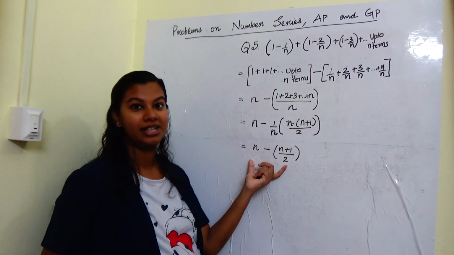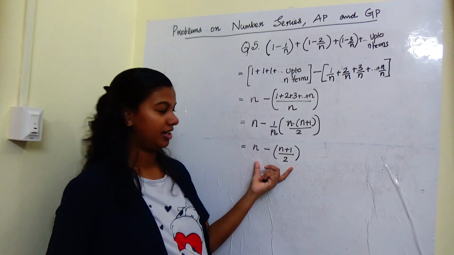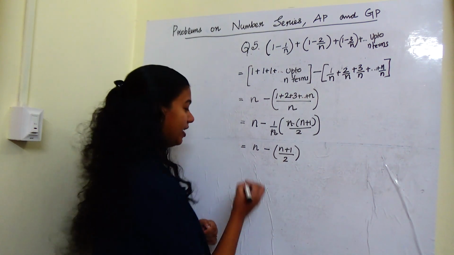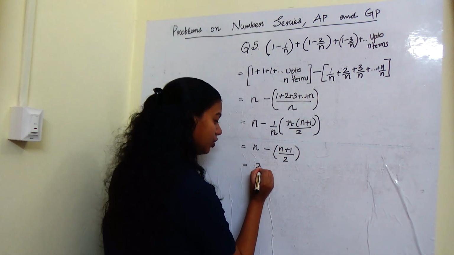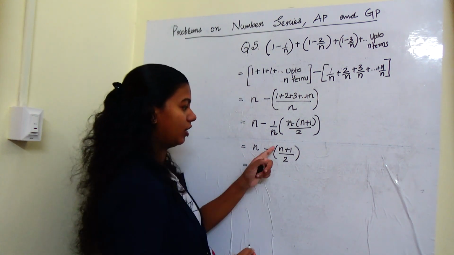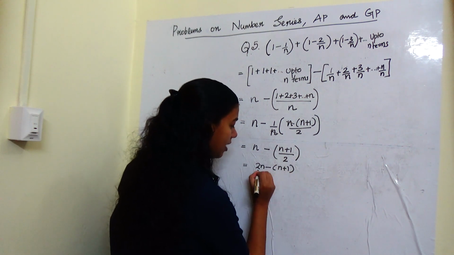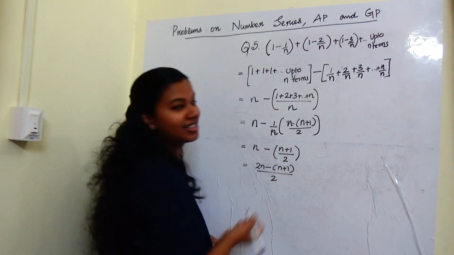Okay. So there is no denominator for this, but for this there is a denominator. So I must make them equal denominators. So what do I do? I multiply 2 into n. So let's see what happens. 2n minus, what is in this? n plus 1. n plus 1 whole divided by 2.